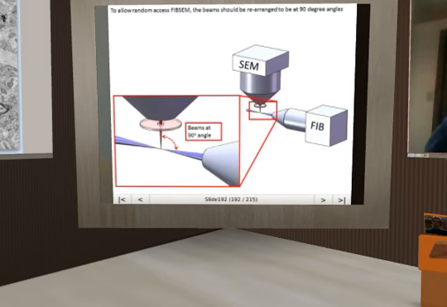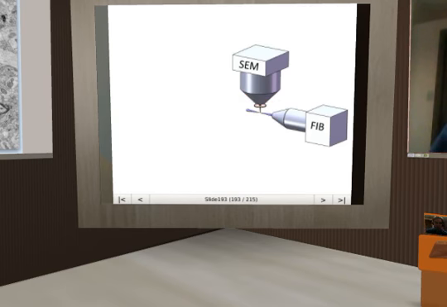To allow random access FibSim, there's some redesign that has to go on in the traditional focused ion beam machine. So I'm showing this diagrammatically here. First of all, the beams should be rearranged to be about 90-degree angles to each other.